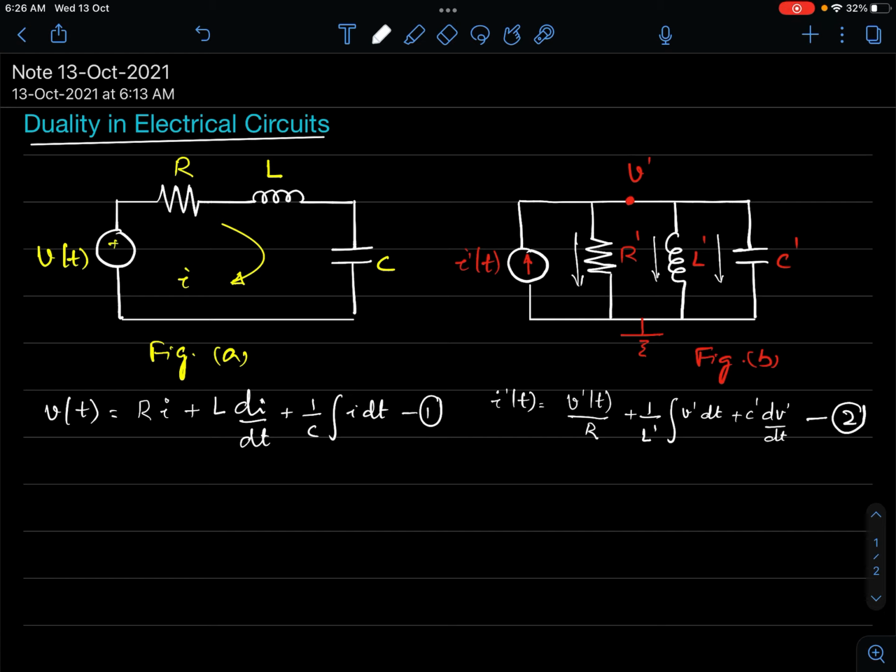However, by comparing the two networks, we can draw some analogies.